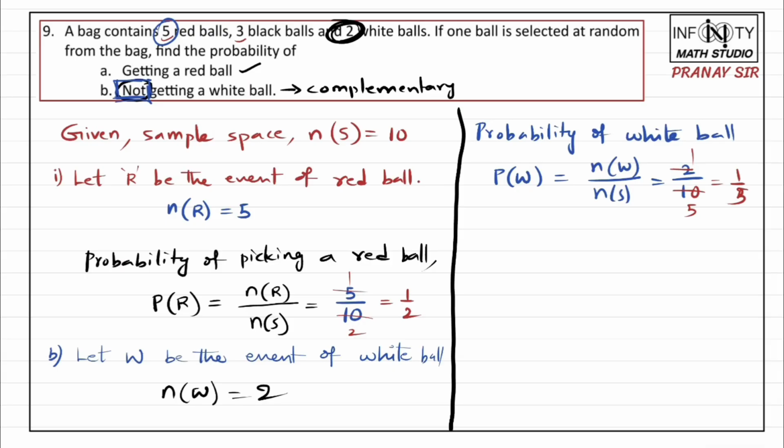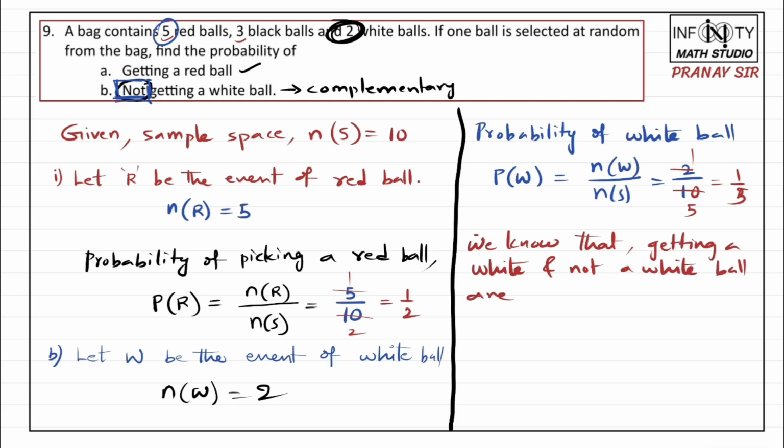But here we need to find the probability of not getting a white ball. So we know that getting a white and not a white ball are complementary events.